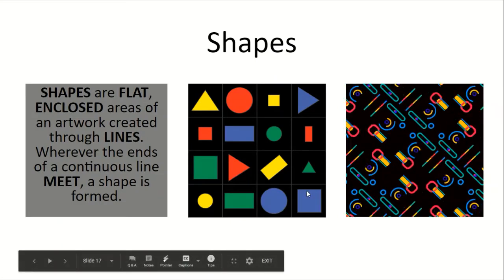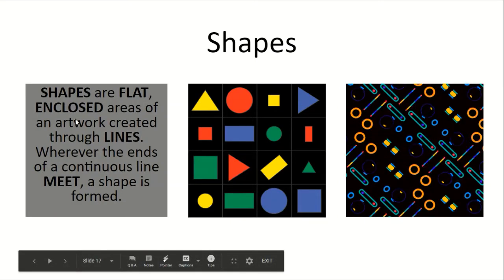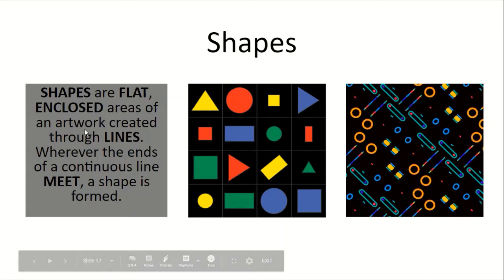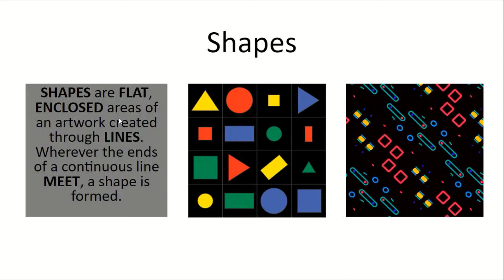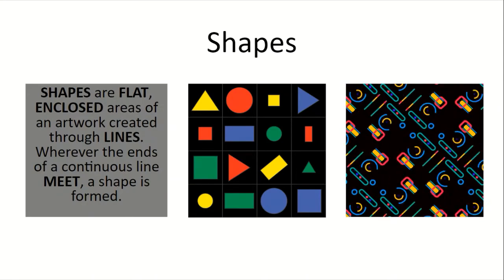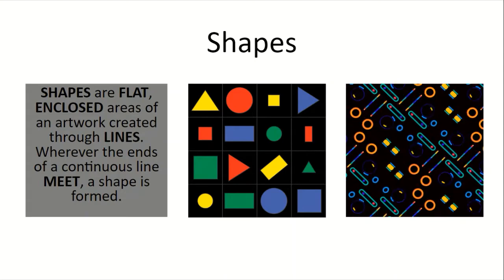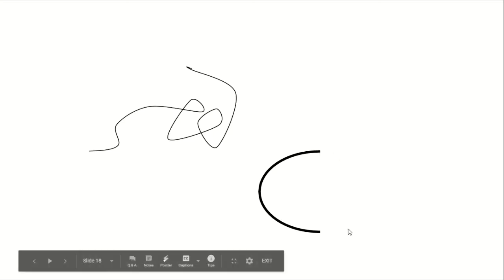So all shapes are flat enclosed areas of art created by lines, okay? So as long as you have drawn a certain amount of lines and they at some point meet, you have created a shape, okay? And so, for instance, if we take these two lines right here, there are several ways that we can turn them into shapes. We can draw a line going out to make that an oval or a circle.